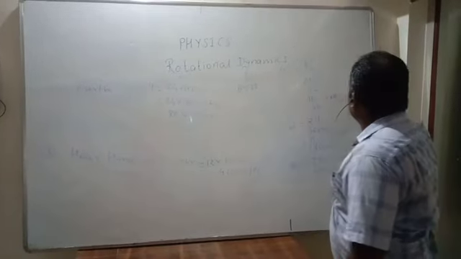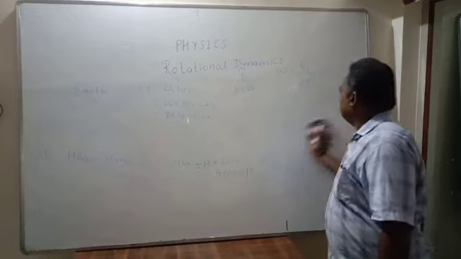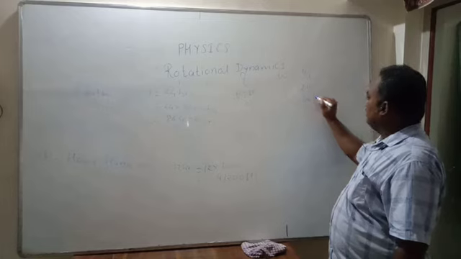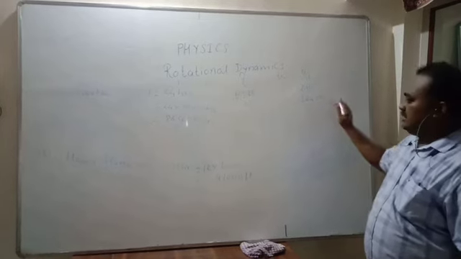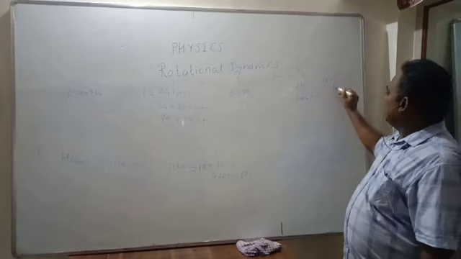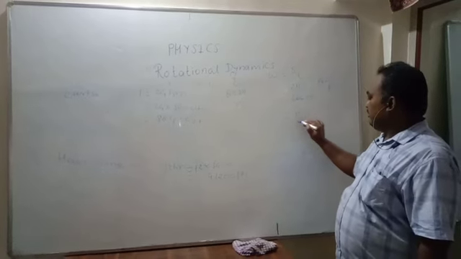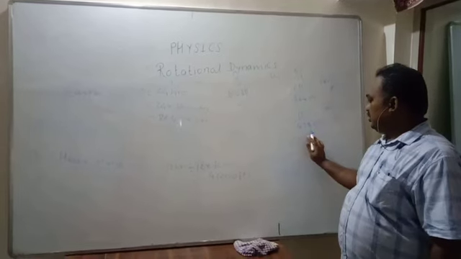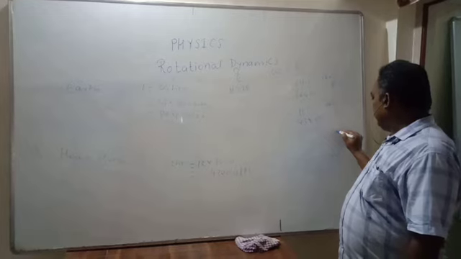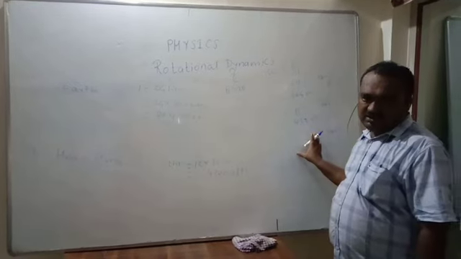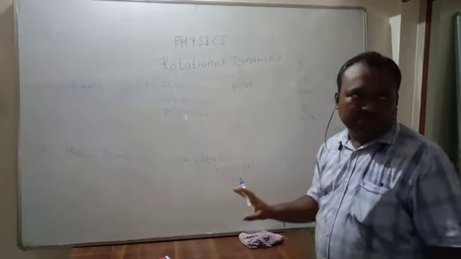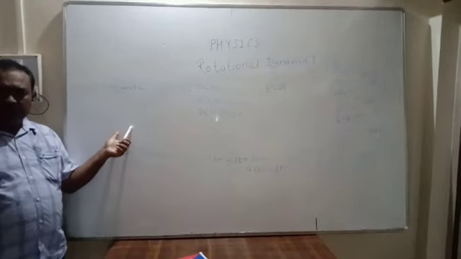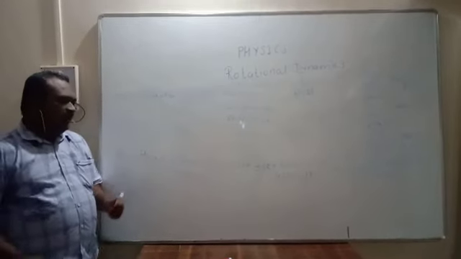Then omega is 2 pi by 86400 radian per second, which comes as pi by 43200 radian per second. You have to make the calculation and get the value in terms of power of 10. It is an important value, the angular velocity of the earth. This is for your problem purposes and also for entrance exams.